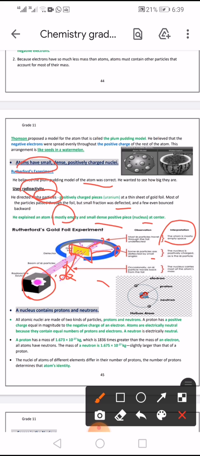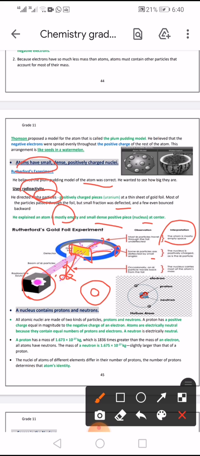When the alpha particle is deflected, this means the nucleus has a positive charge. When it returns back, this means the nucleus contains most of the atom's mass.